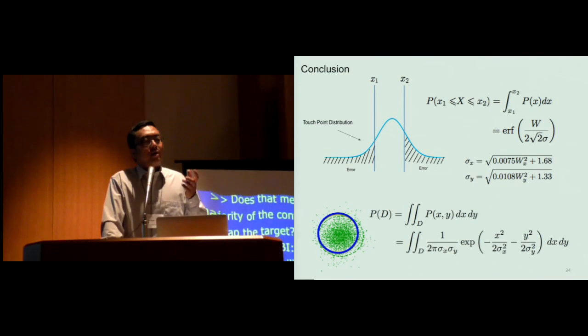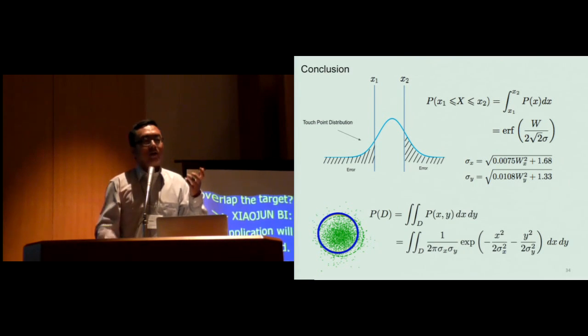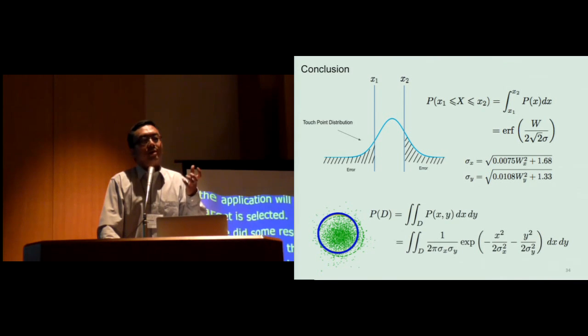So if we use the entire contact area to select targets, we will need to work out another way to determine whether a target is selected. But one reasonable assumption is that we can take the integral over the area to see whether the probability is over 50%.